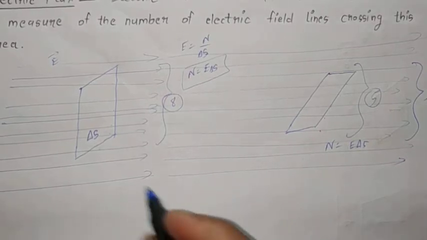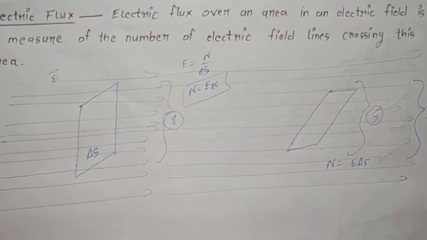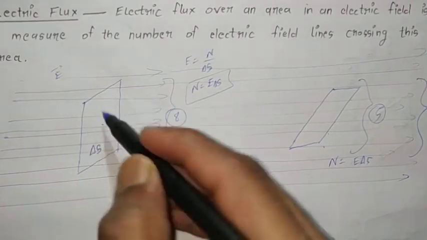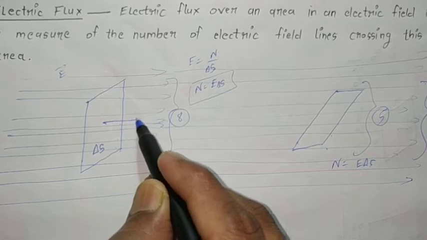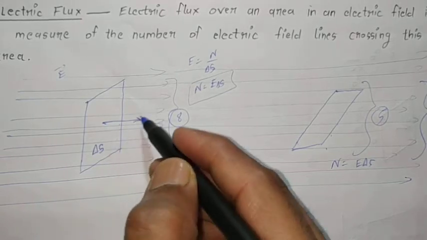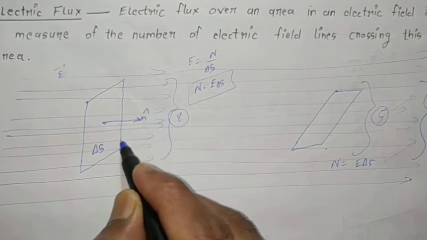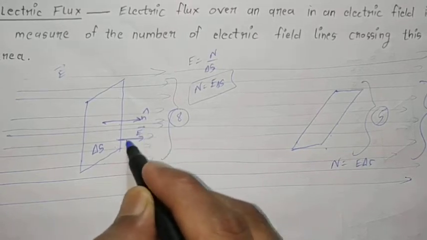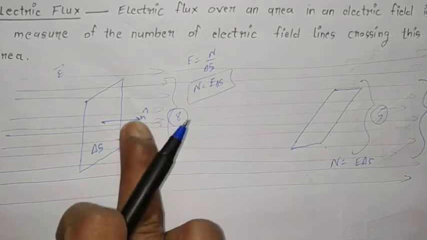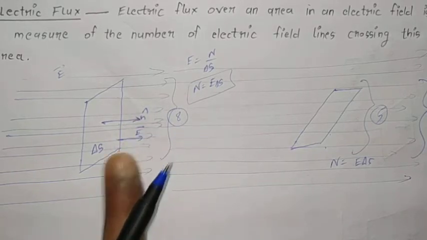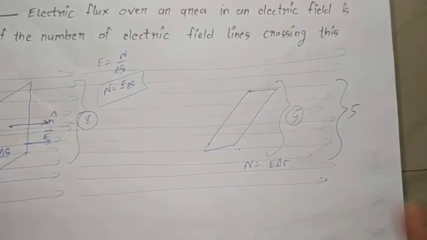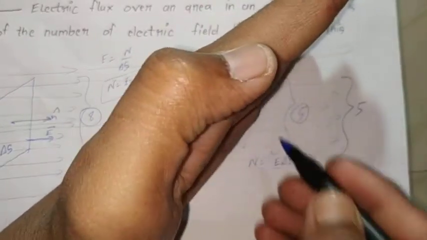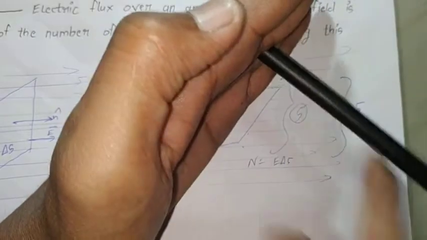So I am going to use the area vector. See, in this case the area vector was perpendicular to this surface, so for this surface the area vector is n cap, and the electric field direction is this. The E vector is also in this direction. Now, in this case, since the area is tilted, the area vector will be perpendicular to this area.